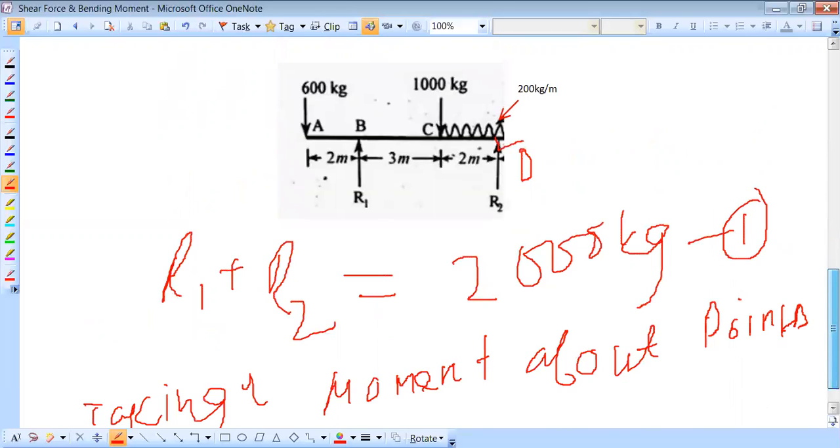R2 acts at a distance of 7, so R2 into 7 is the moment.